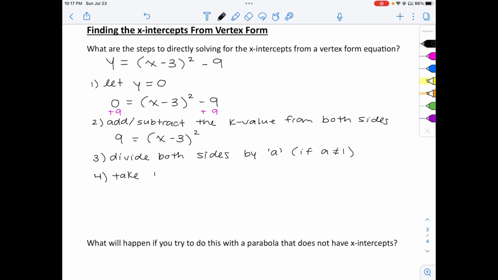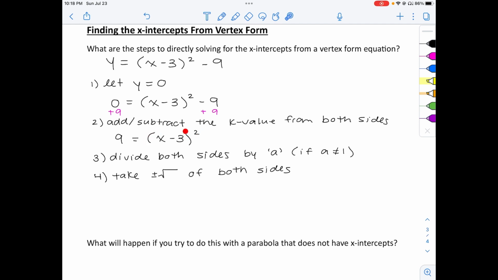Then once you've done that, your fourth step is you're going to take the square root of both sides, and we're doing the plus or minus square root of both sides, similar to the quadratic formula, because there will be two options. Even though your calculator will only give you the positive version, we know that there's a negative version as well. We're doing this because we want to undo the squared that's happening right here.